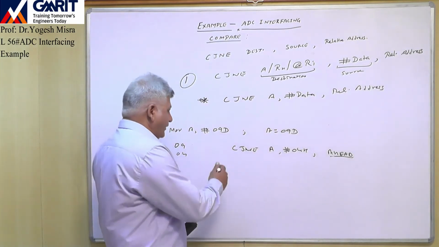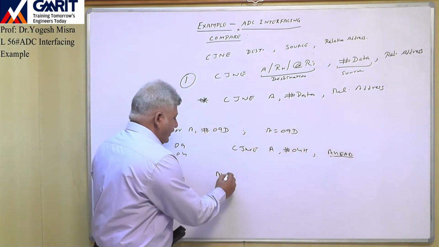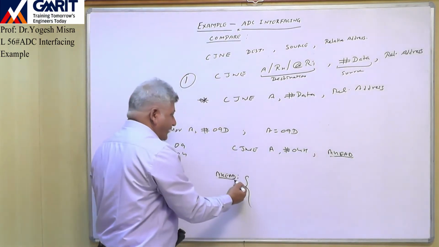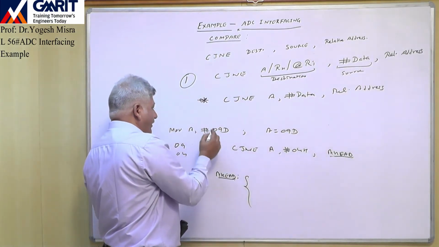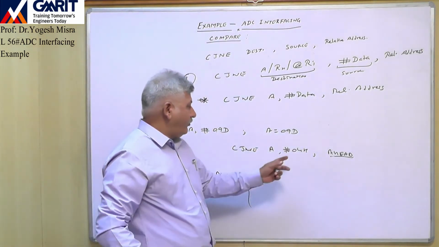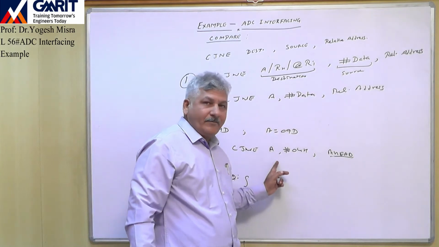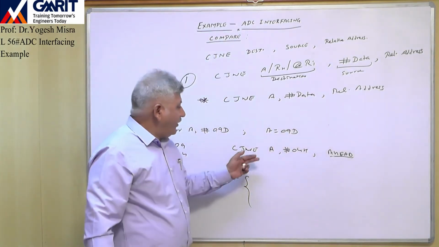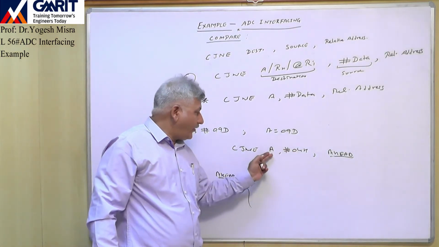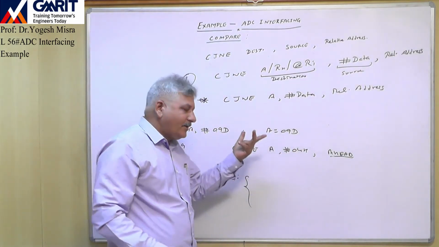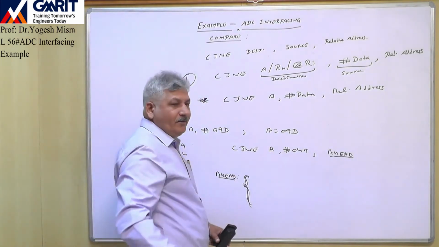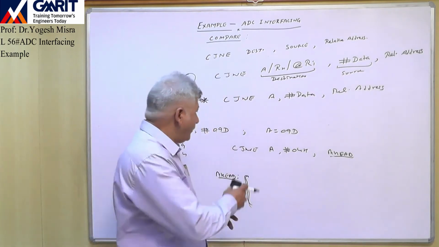So now in this case, this is the ahead label, so the sequence of program will come to this place, since the value of A is 9 and it is compared with 04. This is our source, this is our destination. Now whether the value of A is greater than 4 or less than 4, we will find out here by using the instruction JC or JNC. So this is the one form.